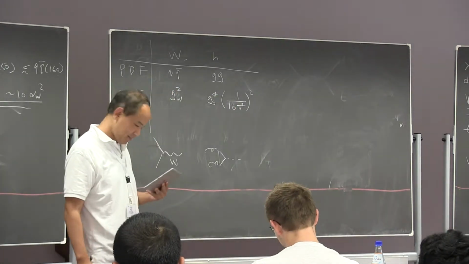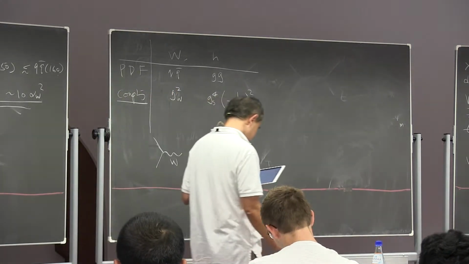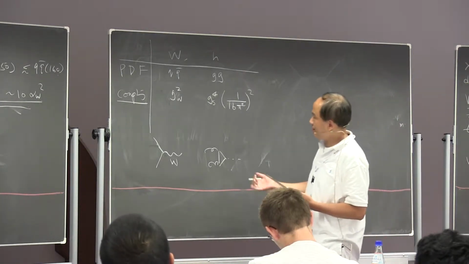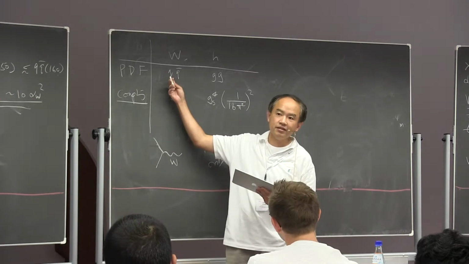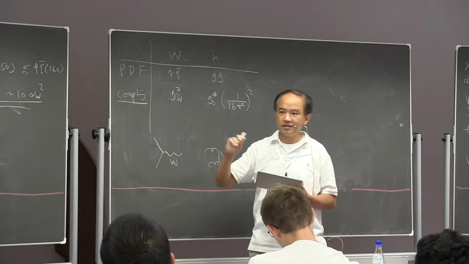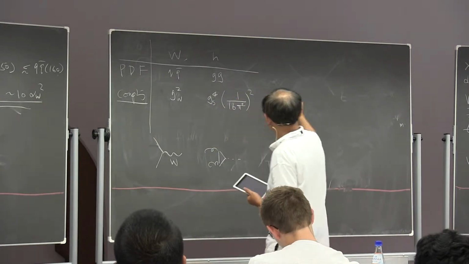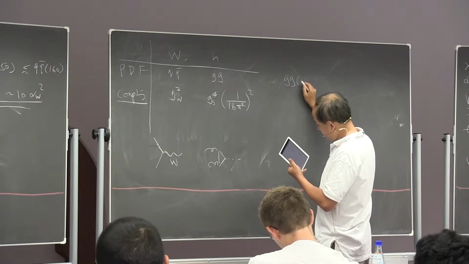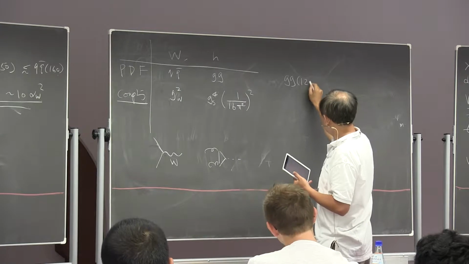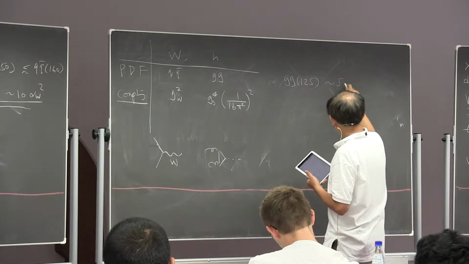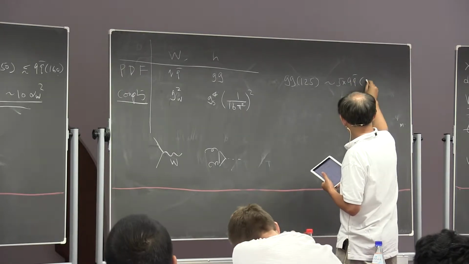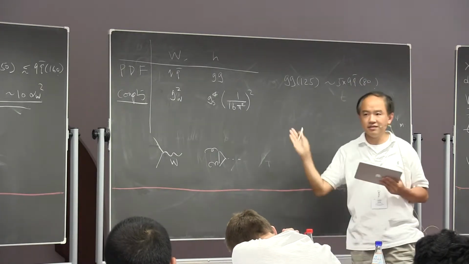And the mass threshold has a slight effect too. So this is 80 GeV, and this is 125. Those are slightly different. It turns out the glue at 125 is about 5 times QQ bar at 80. So it's a small factor.